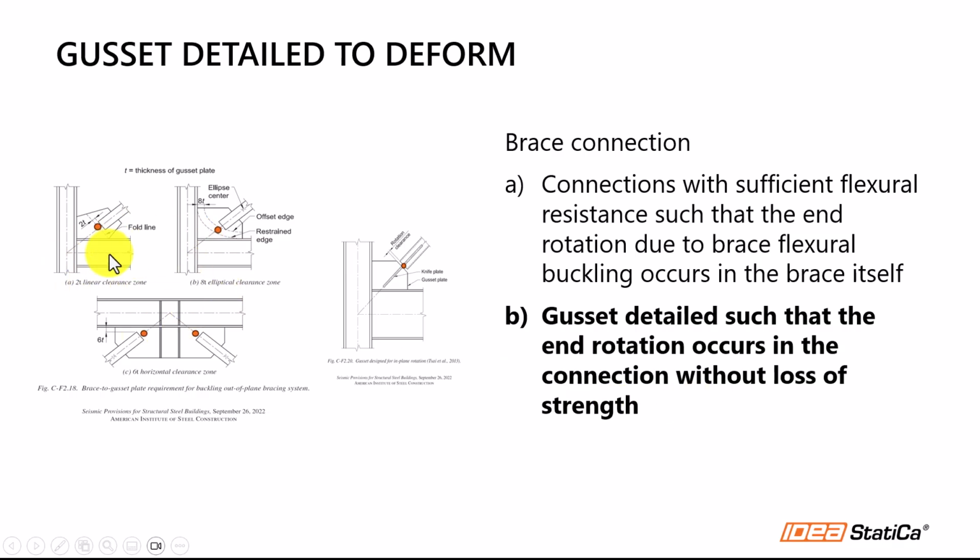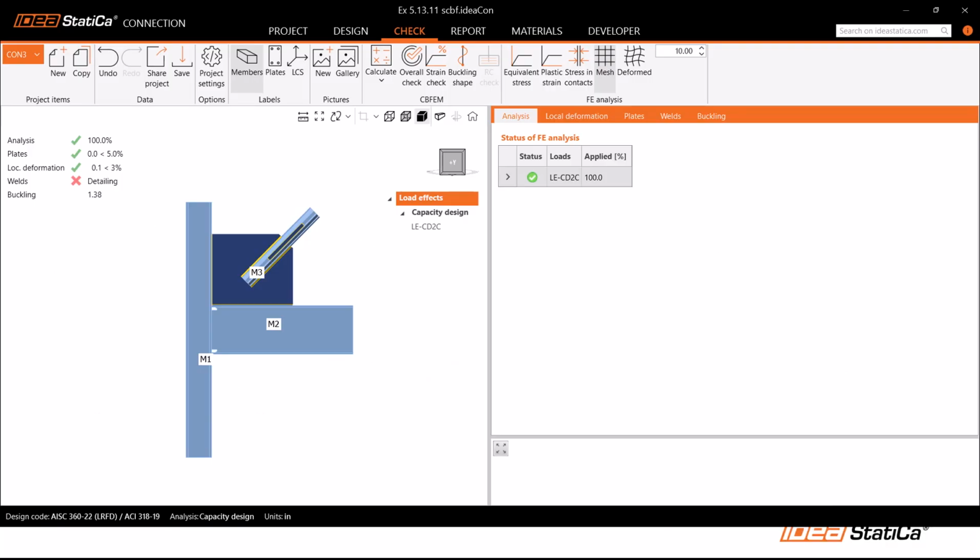We have different detailing options, and we are using this. For the compression force, we want this plate to buckle in this area, right? That's what we can verify with the buckling analysis in IDEA StatiCa.